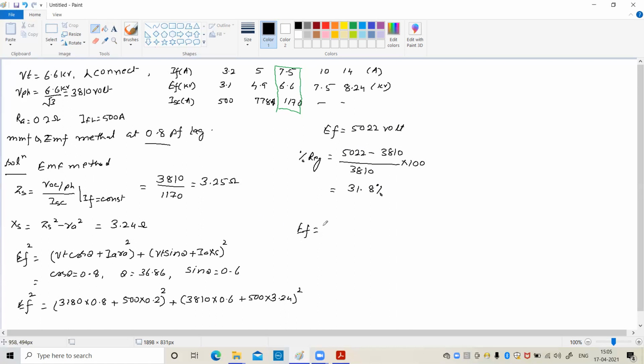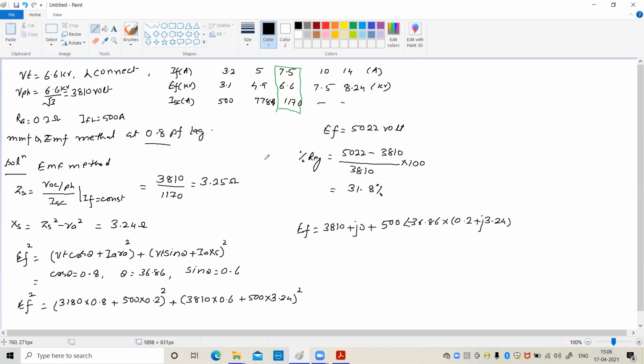EF is equal to 3810 plus j0, the current lagging by 36.86 degrees since the power factor is 0.8, plus magnitude 500 at an angle of minus 36.86, multiplied by the impedance 0.2 plus j3.24. By doing some calculation, we also get the same value.